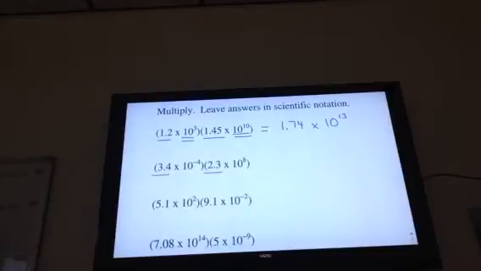Next one: 3.4 times 2.3, and I get 7.82. And I have 10 to the negative 4 plus 8, the fourth power. That is my answer.